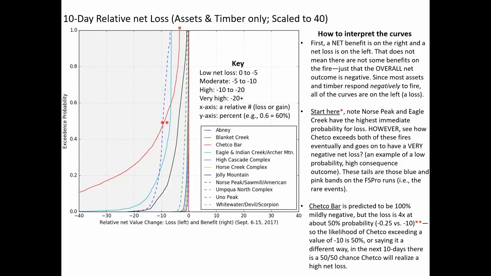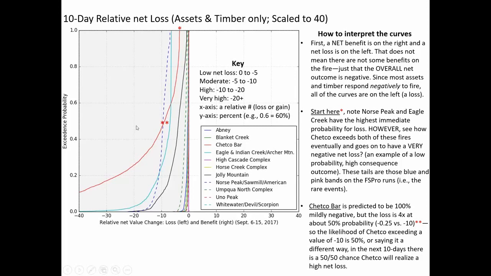And so what we could learn from this is, in the next 10 days, if you go up here to the asterisk at the top, right out of the gate, in the next 10 days, as the fires grow based on the FS Pro runs, their response would be a loss, so a mild to moderate loss.